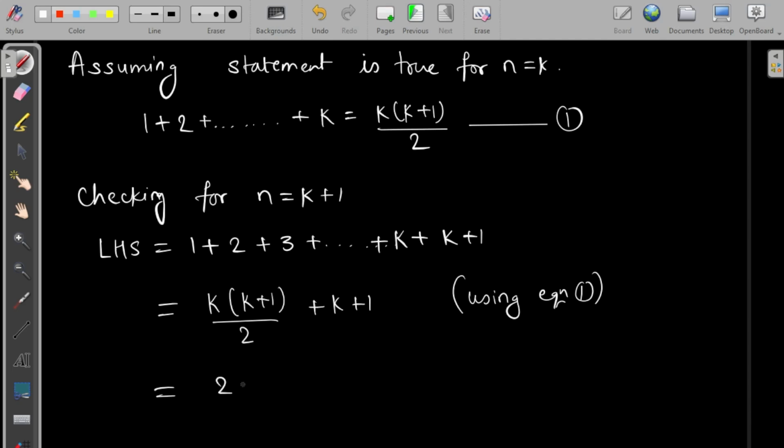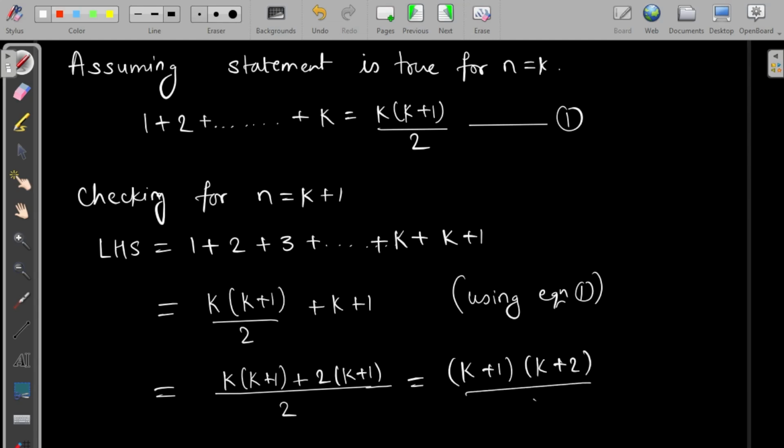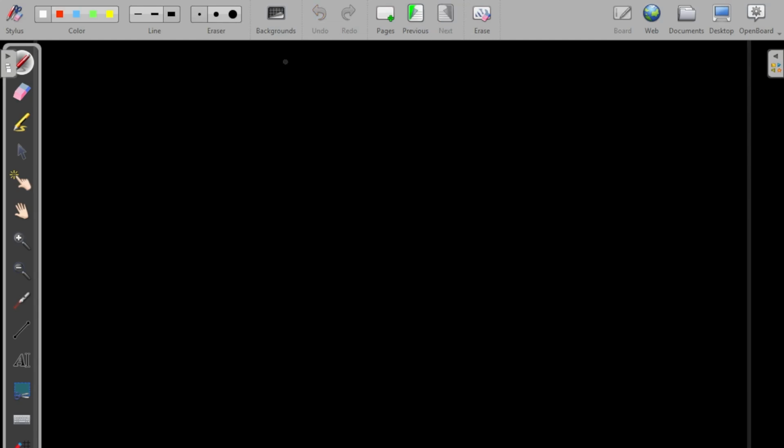Now you already know how to take LCM. So it would be k into k plus 1 plus twice of k plus 1 only. And now we can take k plus 1 as common and we have k plus 1 into k plus 2 over 2, which can be further written as k plus 1 into k plus 1 plus 1 over 2.